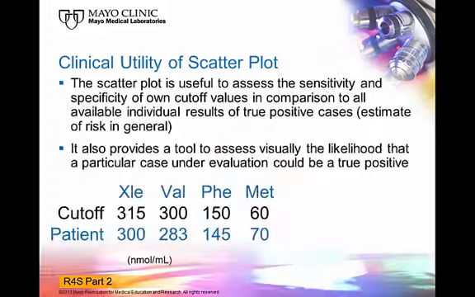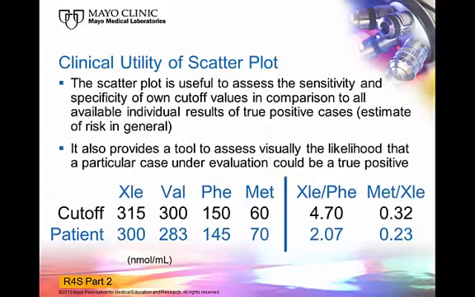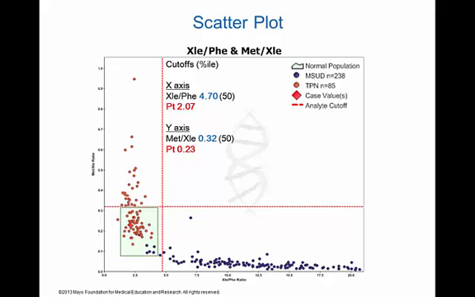As a final step, the introduction of ratios can provide the conclusive evidence to resolve this case. Shown here are two ratios, isoleucine-leucine to phenylalanine and methionine to isoleucine-leucine, the median cutoff values of the R4S project and the calculated values in this patient, 2.07 and 0.23 respectively.